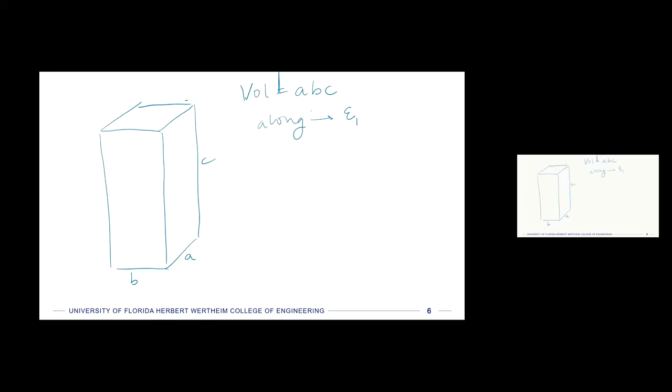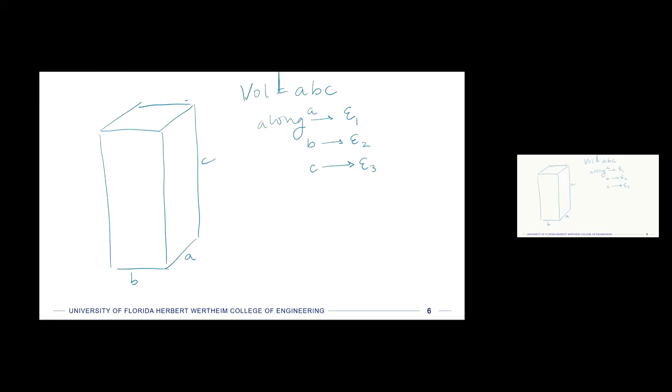Along B, it's going to be strained epsilon 2, and along C, it's going to be strained epsilon 3. These are normal strains, so they could be pushing in, they could be pulling out, as long as they're increasing, or it's being loaded.